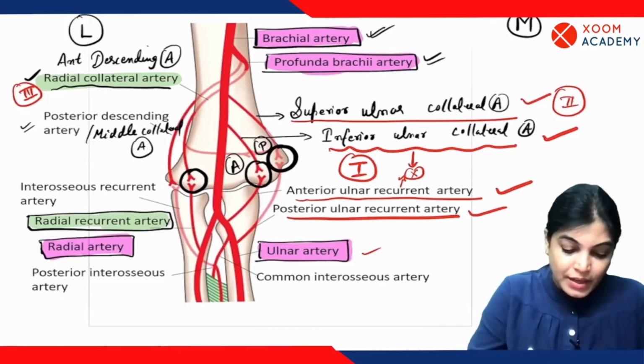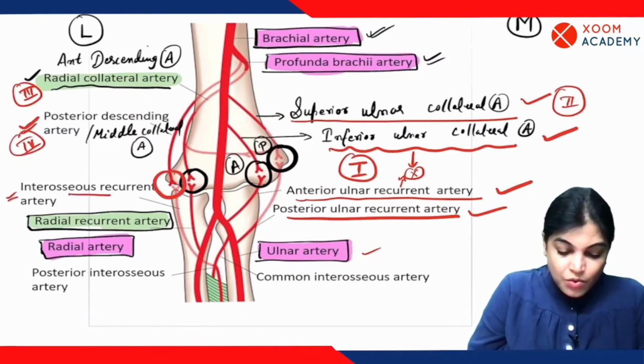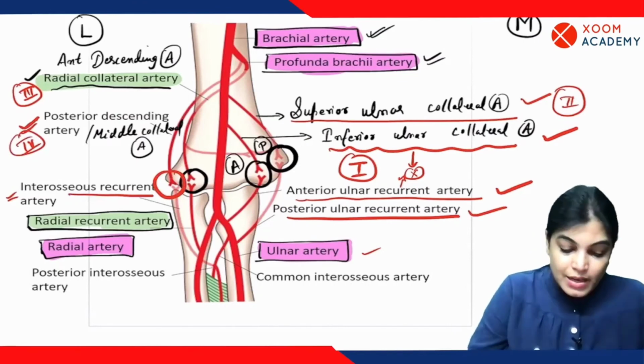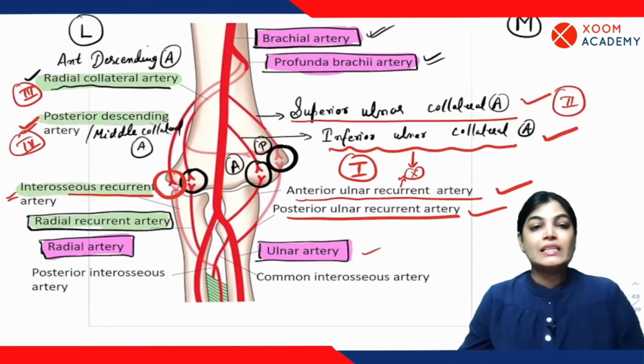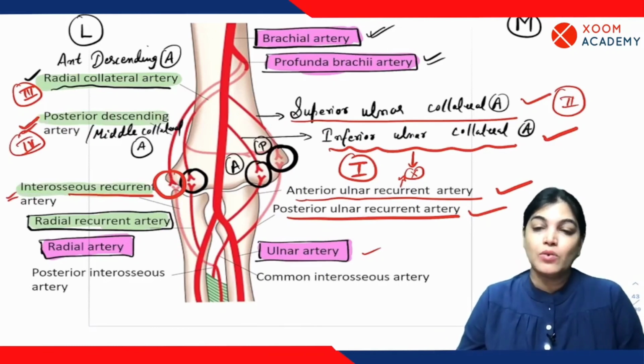This is between the posterior descending artery, also called the middle collateral artery, which is forming an anastomosis with the interosseous recurrent artery. So here the interosseous recurrent artery is anastomosing with the posterior descending artery. The other name of the posterior descending is the middle collateral artery.